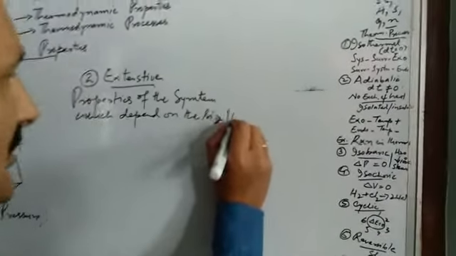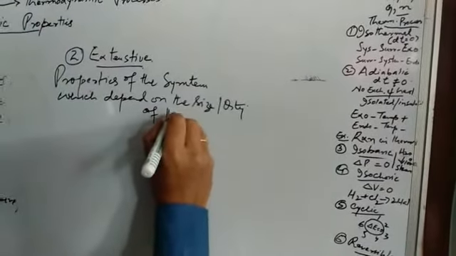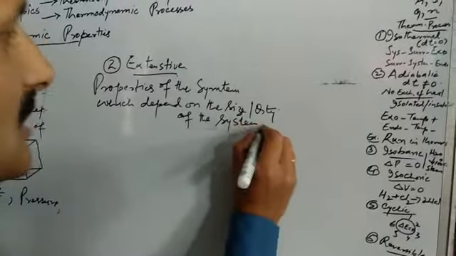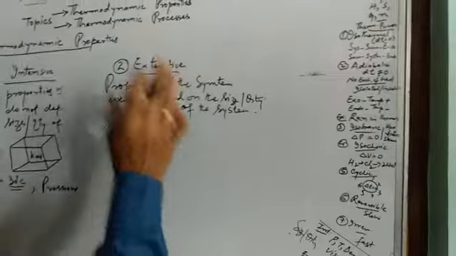Size or quantity of the system. They change with the size of the system. They change with the quantity of the system. Such properties are known as extensive properties.